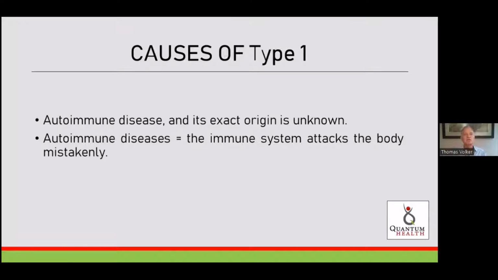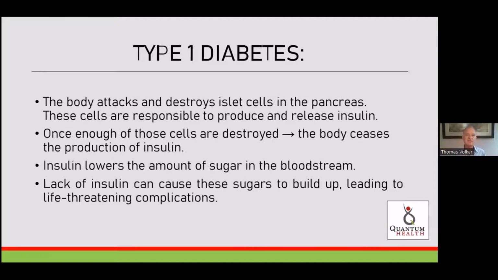But autoimmune actually means that the body attacks its own cells, its own functioning. And that is self-destructive. Now, in this case, the body attacks the cells within the pancreas that actually produce the insulin.